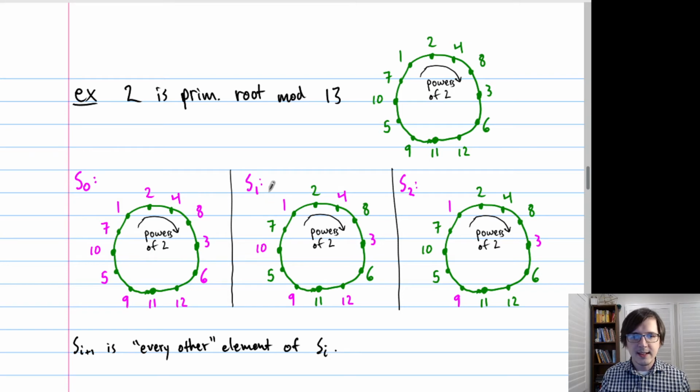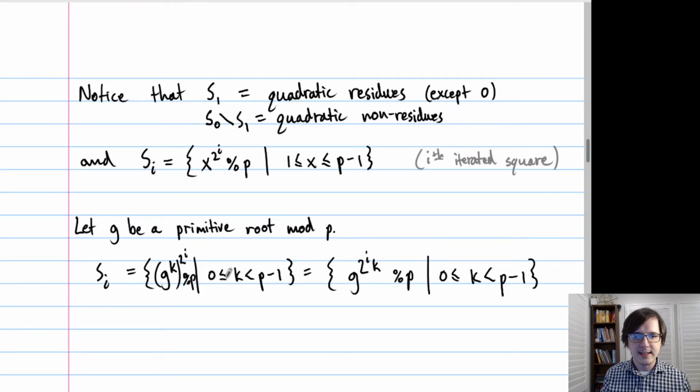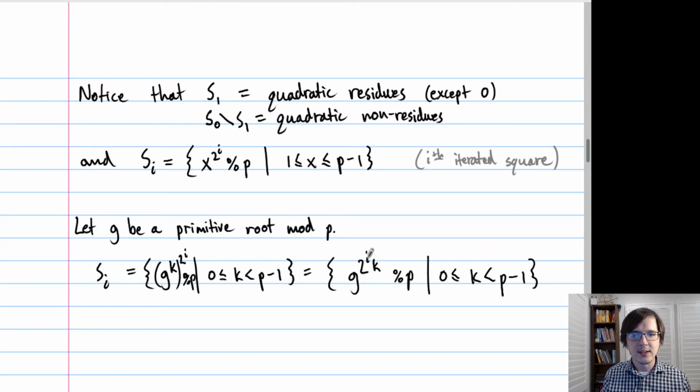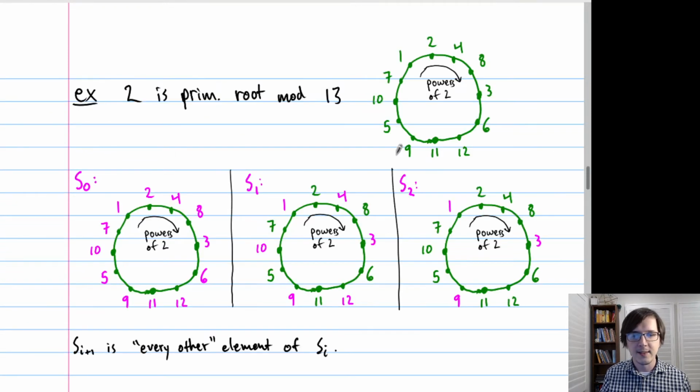S1 is all the squares, and it turns out to be every other number, which makes sense because, as we saw, S1 would be g to the 2k, so it's all the even powers. And then S2, we can see it's every fourth element, and it's g to the 2 to the 2k, so g to the 4k, every fourth element.